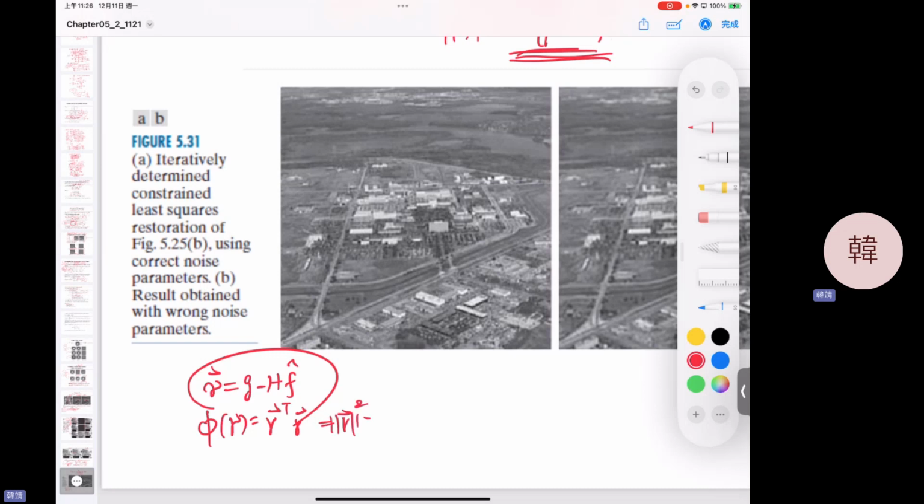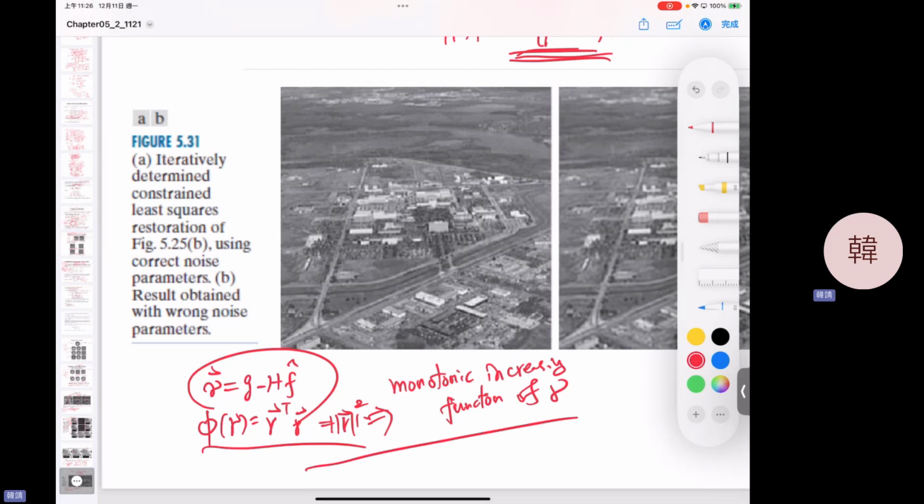If you are doing some detailed automatic approach, maybe you can see this function, define this function. It is a monotonic increasing function of r. If not, you cannot do this.